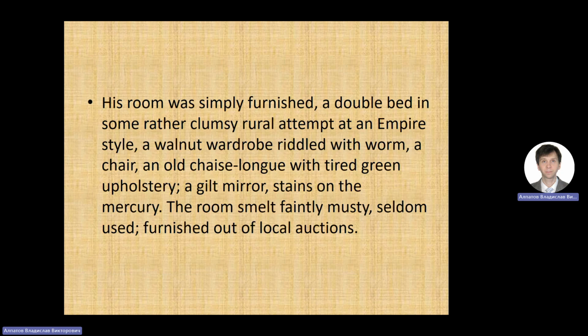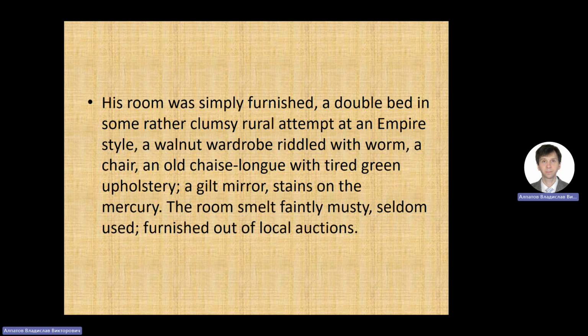And of course, poets and writers use these words usually in a complex to convey an atmosphere. And the more unique this atmosphere is, the more masterly we think the author is, the better he manages to convey this feeling. His room was simply furnished, a double bed in some rather clumsy rural attempt at an empire style, a walnut wardrobe riddled with worm, поточенный червячком, a chair, an old chaise longue with tired green upholstery, right?